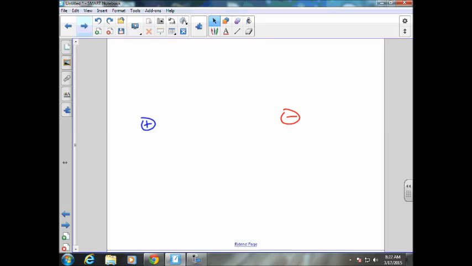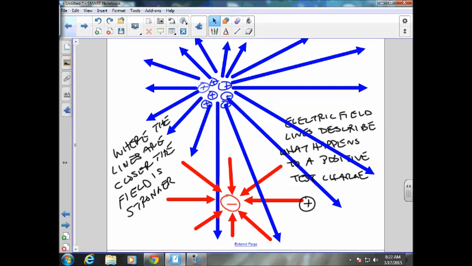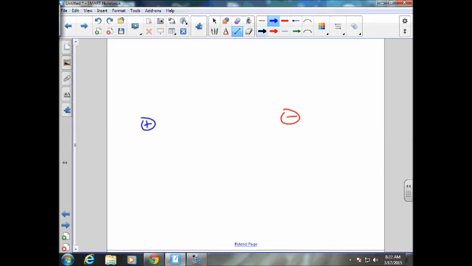And I just showed you, positive charge pushes away, negative charge pulls in. But let's put them together. This one will push away, that one will draw in. This one pushes away, that one draws in.